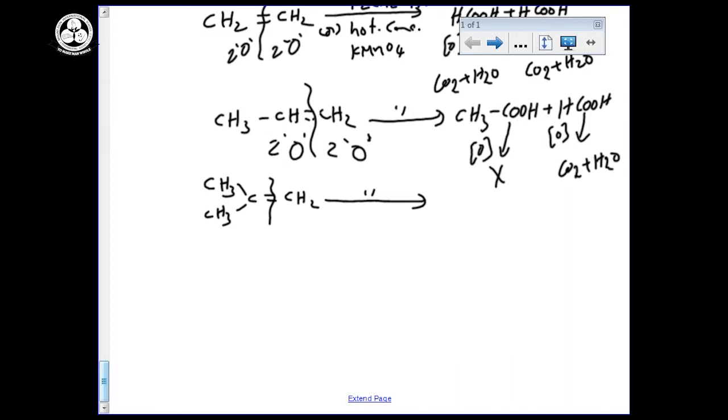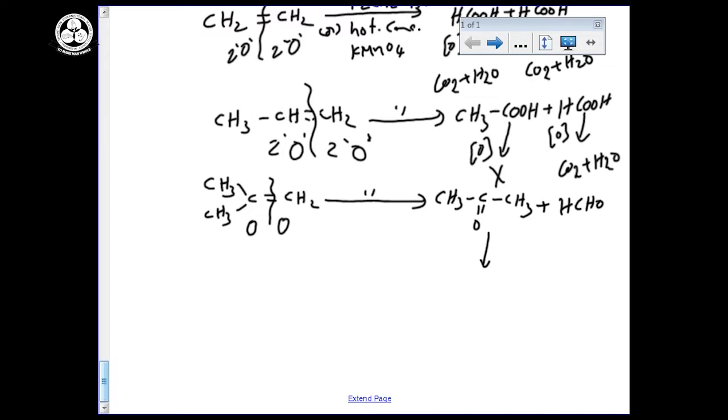First we follow mild oxidation, then we can go for the complete oxidation. First I am doing one time oxidation. One time oxidation means one oxygen here, one oxygen here. CH3 C double bond O CH3, and the second compound is HCHO.